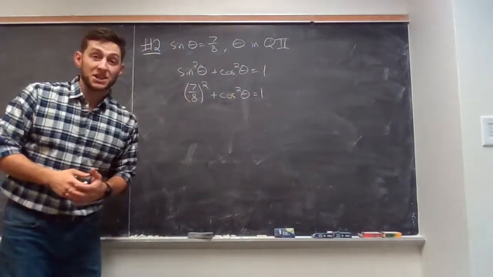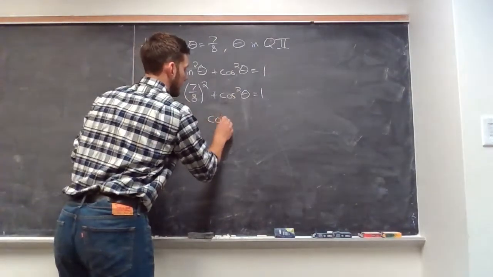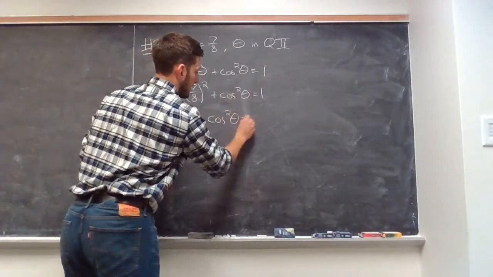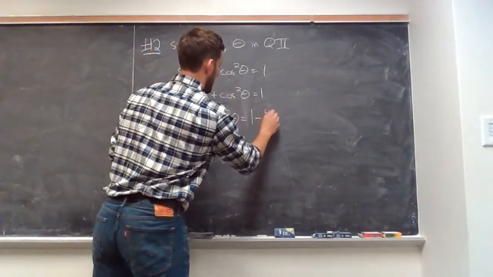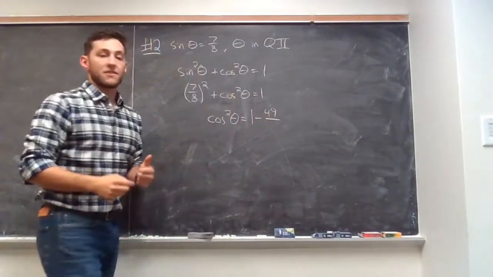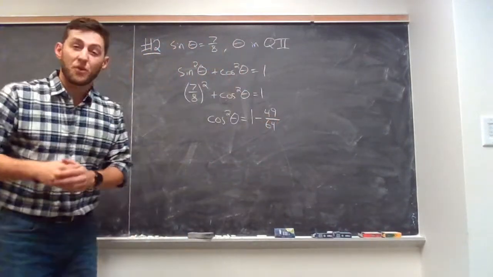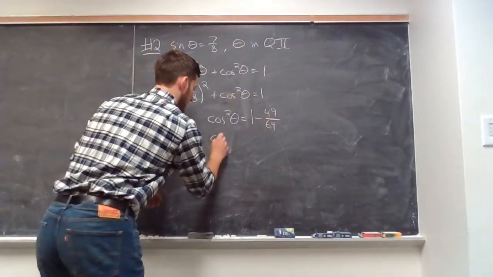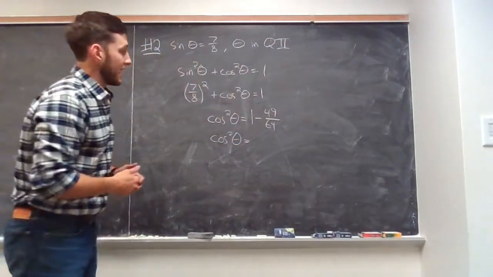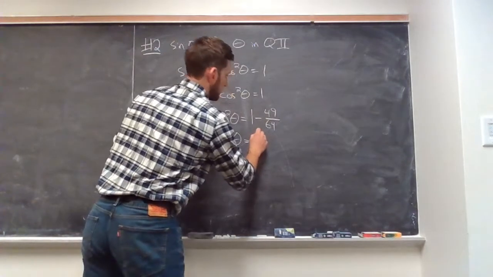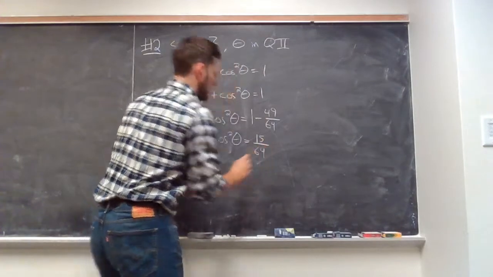Now when I square this fraction, I'm going to square both top and bottom, and then I'll subtract it over, giving me cosine squared of theta equals 1 minus 7 squared is 49, 8 squared is 64. So 1 minus 49 over 64, which will simplify out to be 15 over 64.